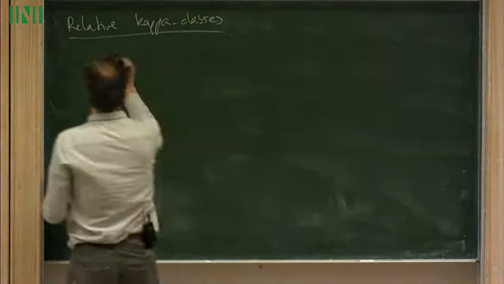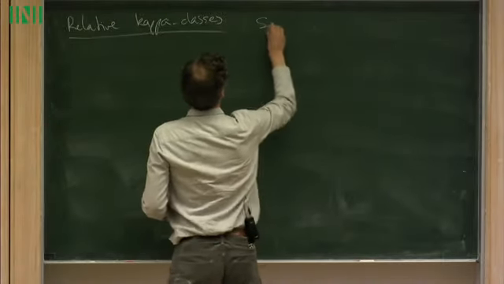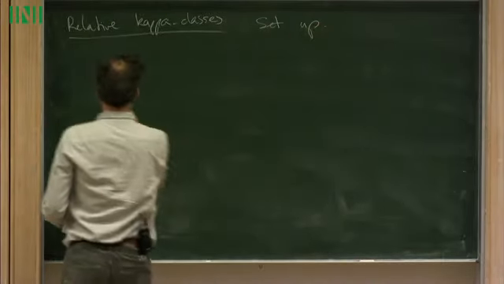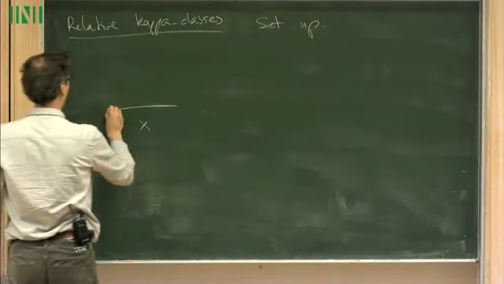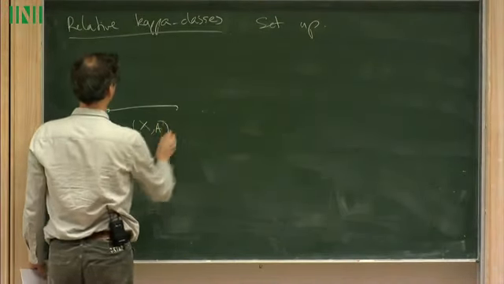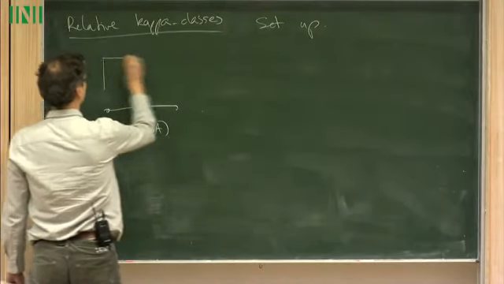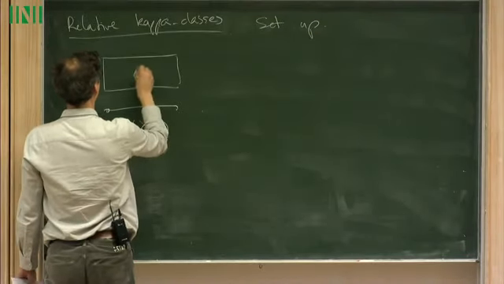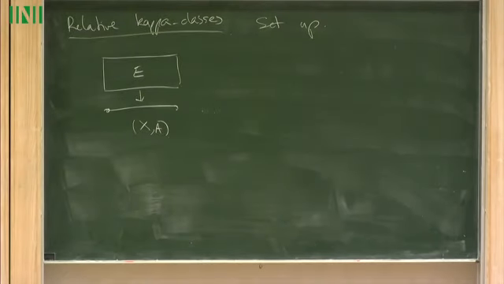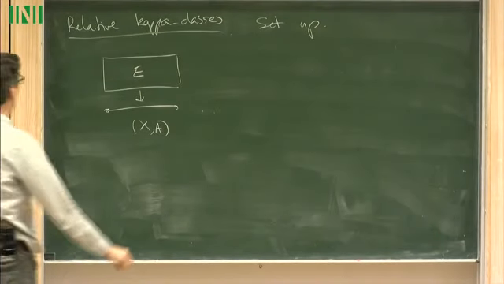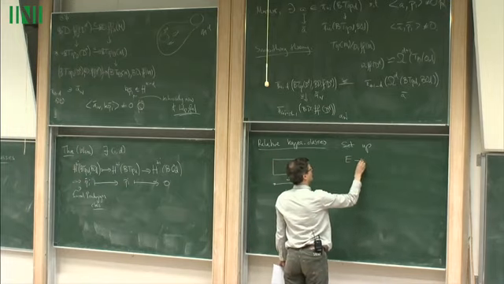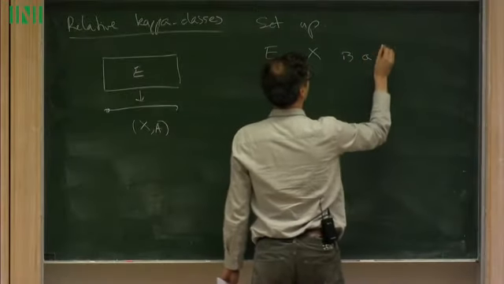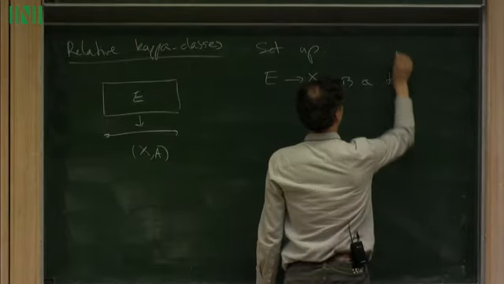Okay, so now what's our setup going to be? Here's a schematic picture, here's some space X, it's a pair X comma A. And then here's just a picture of a bundle, E. So E is going to be a bundle over X. So E to X is a topological, so it's a Top(M) bundle.